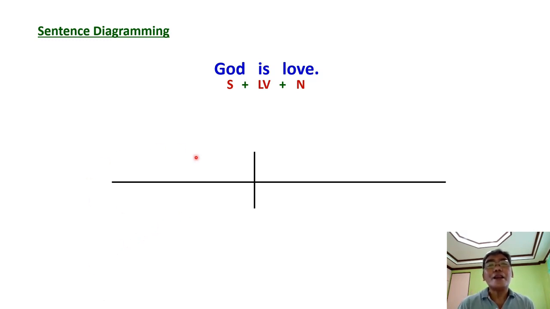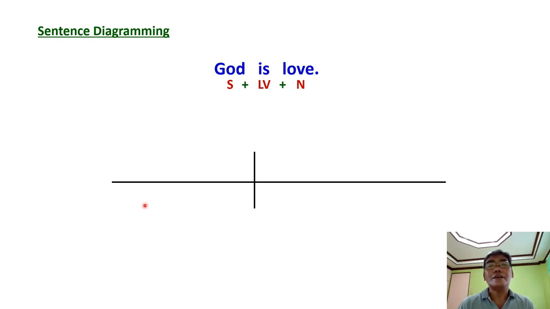The upper left section is for the simple subject. The upper right section is for the words comprising the predicate. The lower right section is for a word, phrase, or clause related to the predicate.